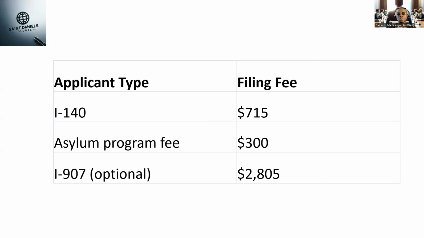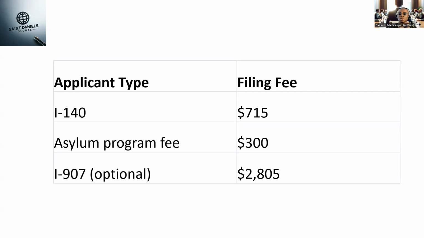But as of now, like I said in the previous video, taking you through why you should pay these from credible sources, my advice is that at any point you're filing your self-petition, go through those pages to reconfirm the status of the amount you are supposed to pay. As of now, you will also pay the asylum program fee, even if it's not asylum you are applying for. That is how it is.